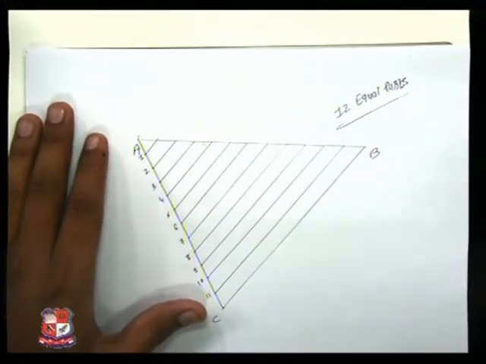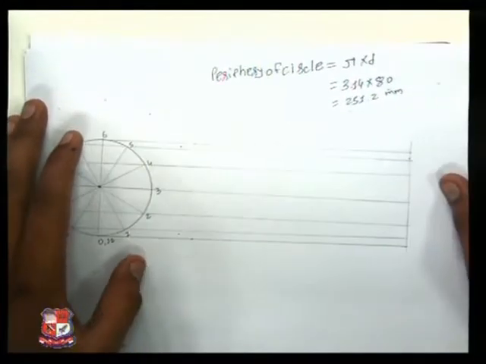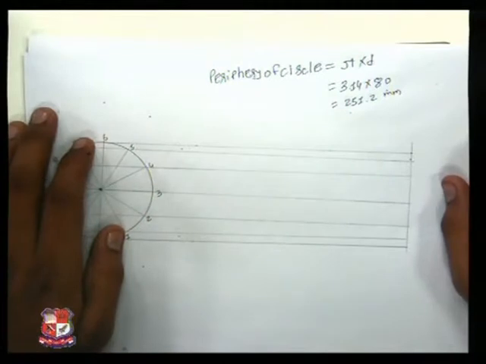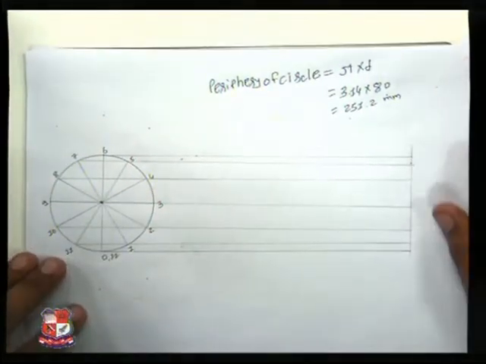Now the same fundamental we will implement in our cycloid. We need to divide this 251.2 line into 12 equal parts.